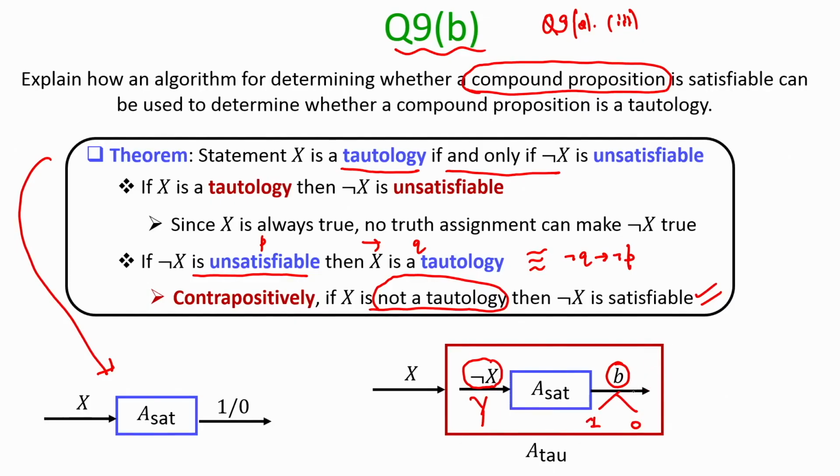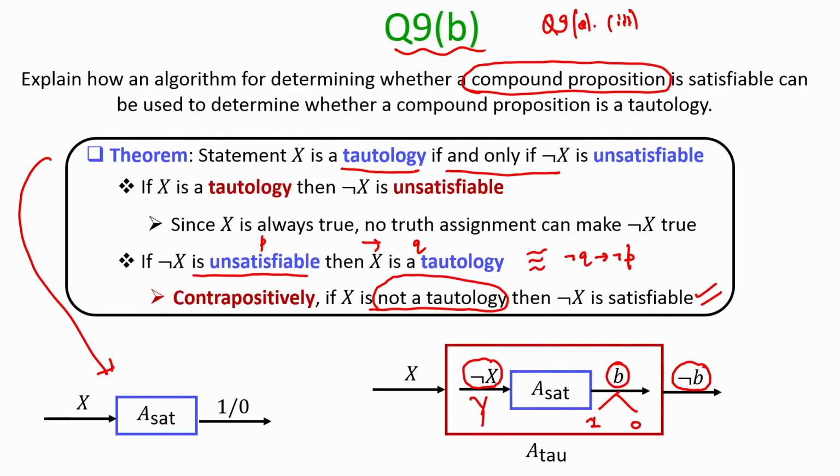I have to use this response from algorithm ASAT to decide the outcome of algorithm A tau. If ASAT says that y is satisfiable, I will say that x is not a tautology. Whereas, if ASAT says that y is not satisfiable, I will say x is a tautology. That means, I will just give the opposite answer which I got with respect to the expression y from the algorithm ASAT.